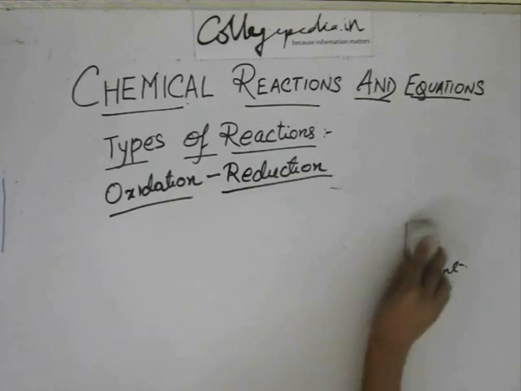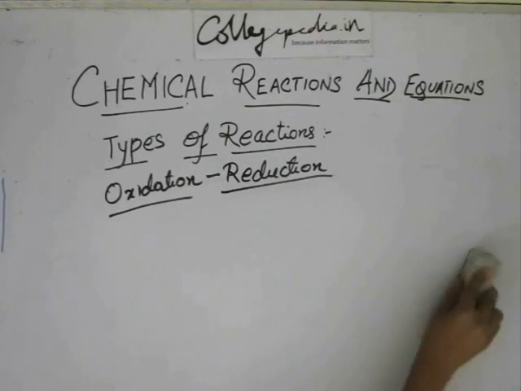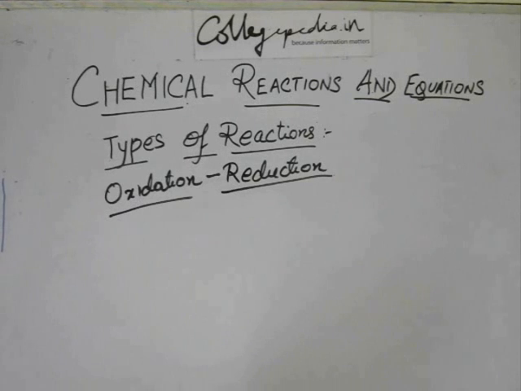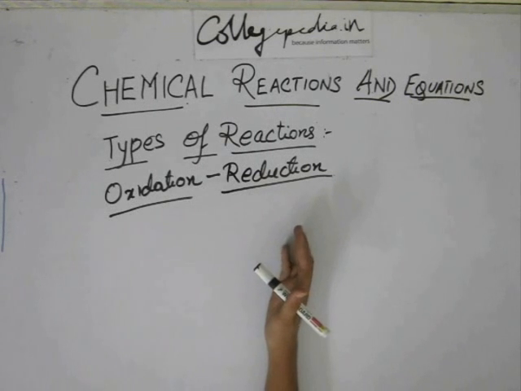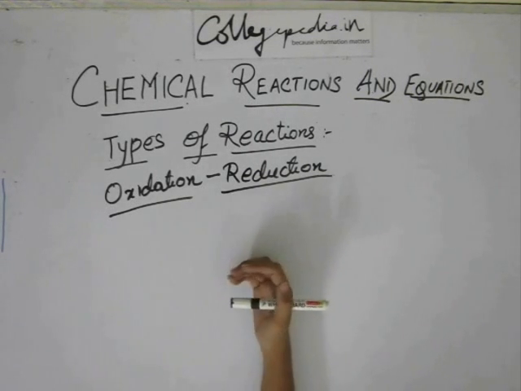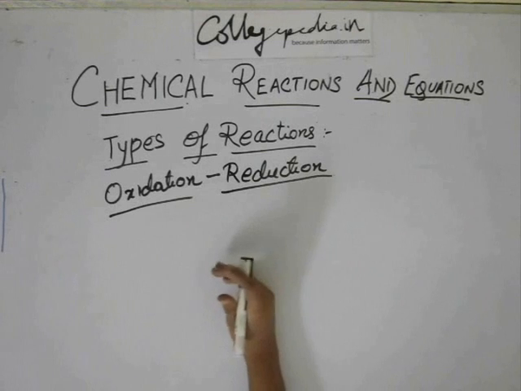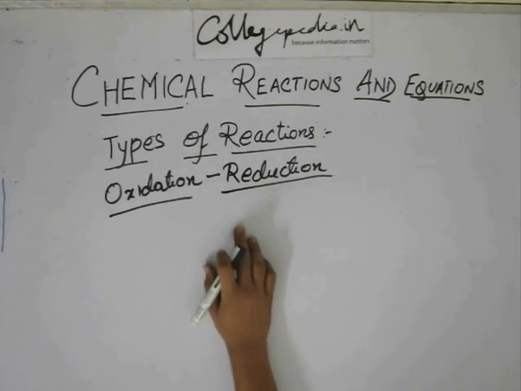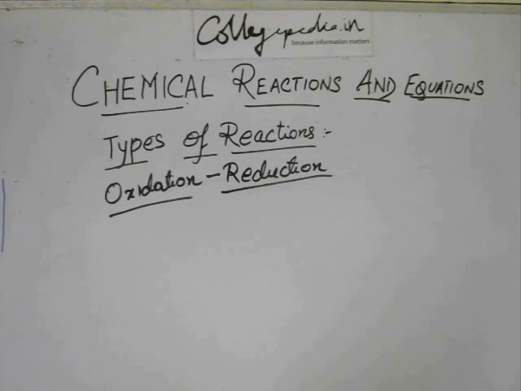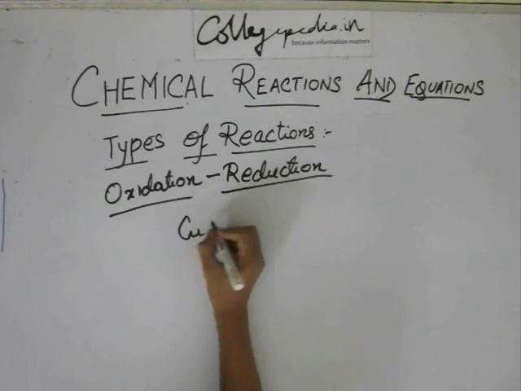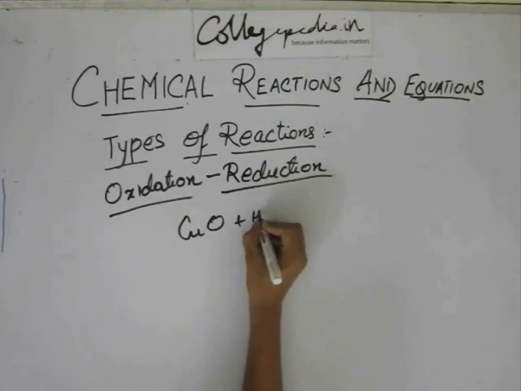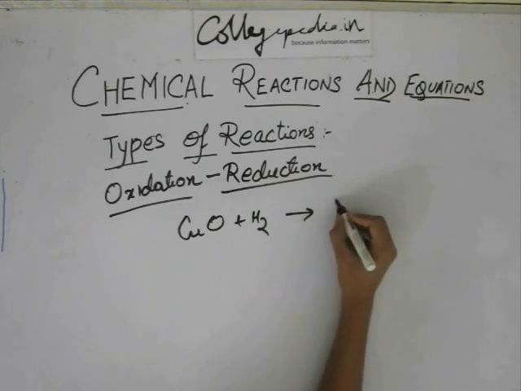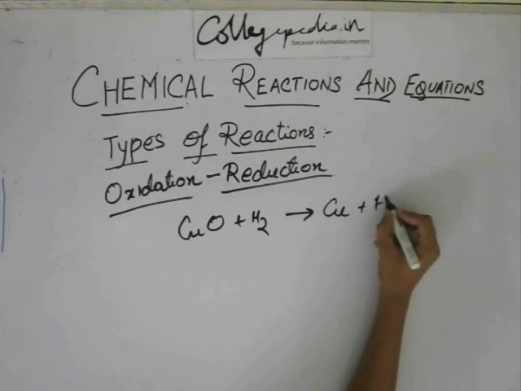Now you would have noticed that oxidation and reduction cannot take place individually. They are accompanied by each other. I mean, you cannot have just oxidation. If there is something oxidized, then there also has to be something which is reduced. Like in our example, CuO plus H2 gives Cu plus H2O.